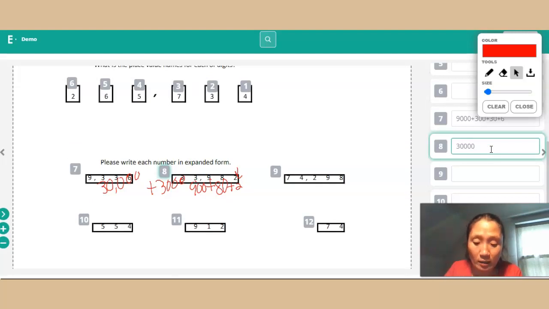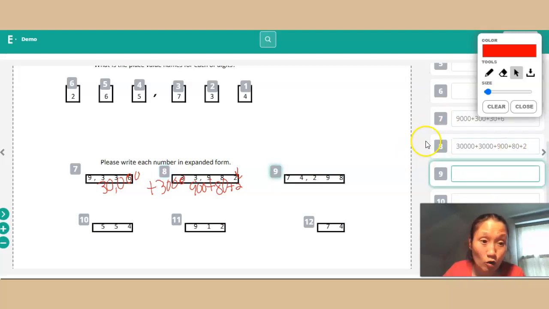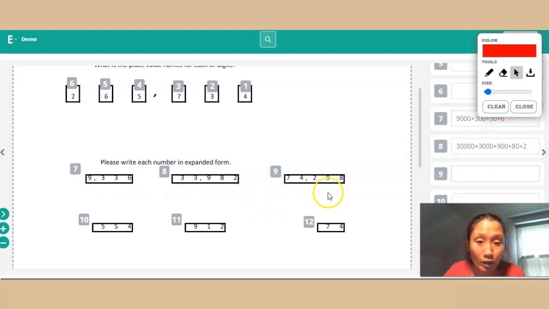I won't put the comma in. And then I put a plus. And then I put the 3,000. Plus the 900, plus the 80, plus the 2. Okay, and that's my answer. That'll go there. Okay, your numbers will look a little bit different.